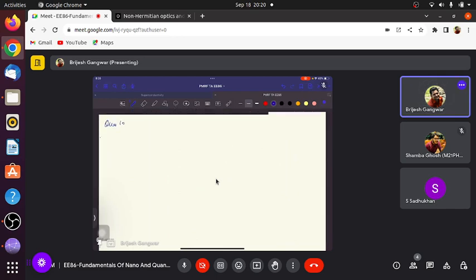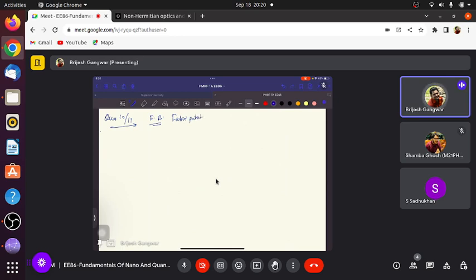Okay. Next, question 10 and 11. So a Fabry-Perot resonant cavity. Fabry-Perot cavity is generally made of two mirrors.